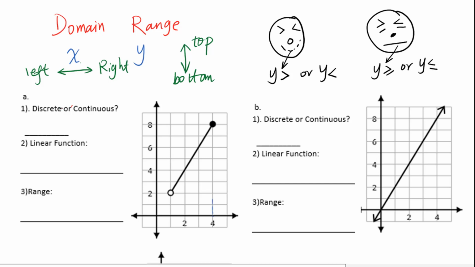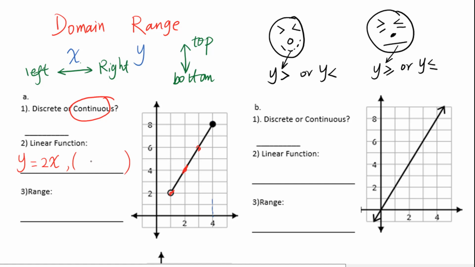Let's go to A. Look at the graph. We know this is continuous data because the graph is a line. It is also a linear function, that is y equals 2x. You have to write down the domain. Without writing the domain, it means x is all real numbers.